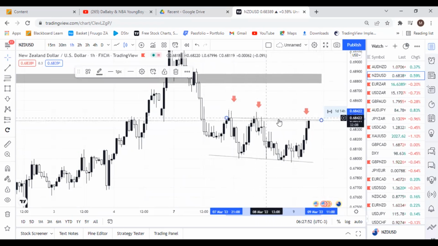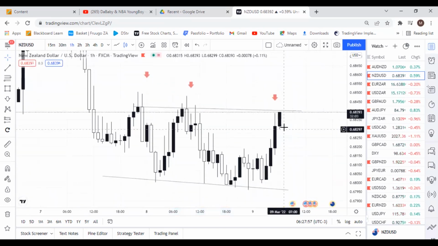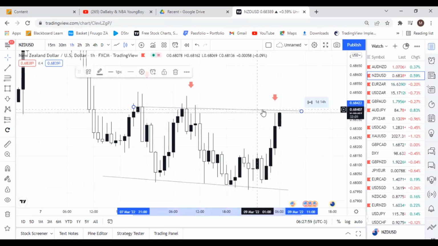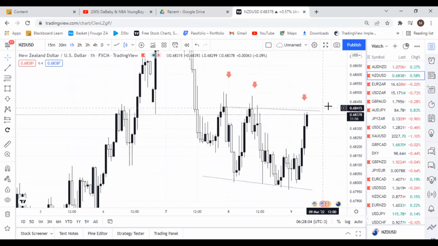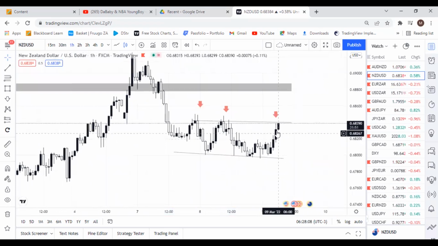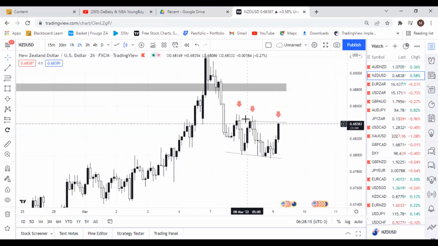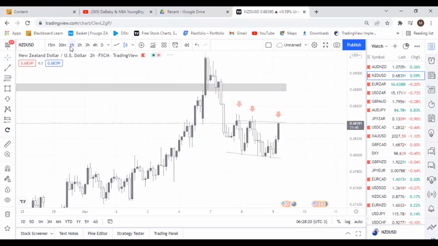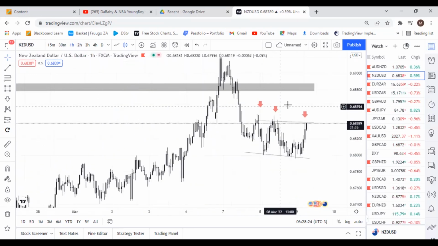As you can see, if I line it up like that, the price hasn't really touched my trend line. So even if it does, I'm still gonna wait for those reversal candlesticks within the 1 hour time frame. And okay, the 2 hour time frame with this small flag, I would recommend you stick to the 1 hour time frame.